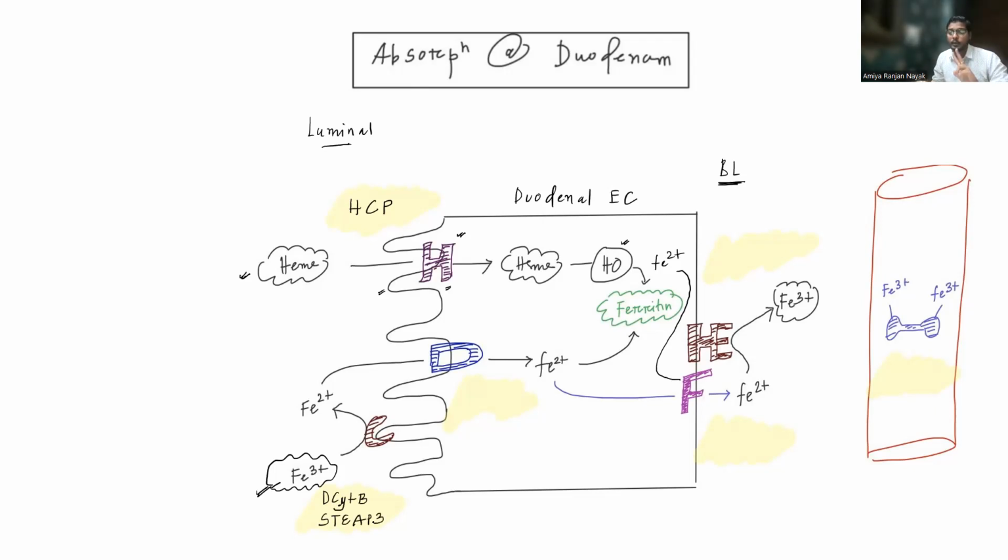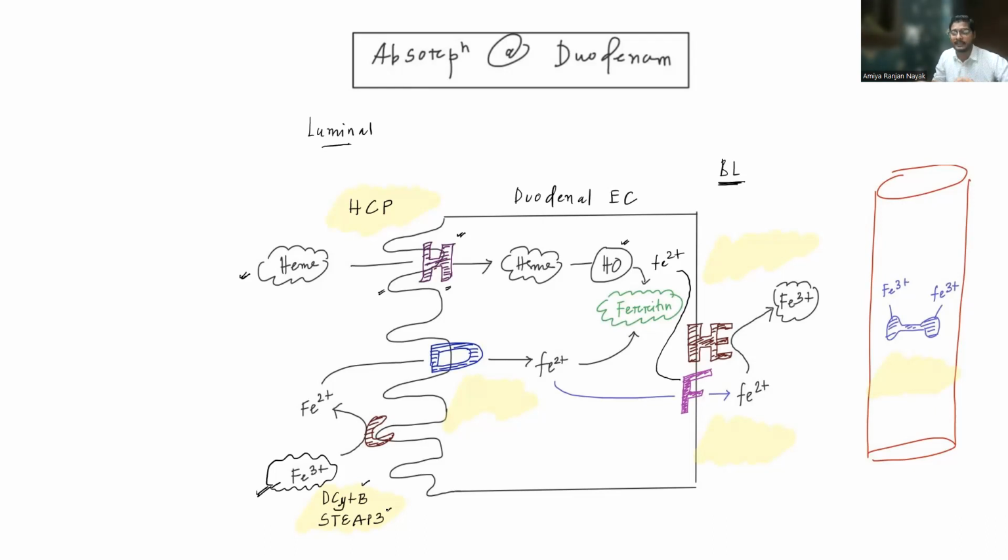So there are two proteins, duodenal cytochrome B or STEAP3. They have ferrireductase activity, so that they can convert the ferric form to the ferrous form.